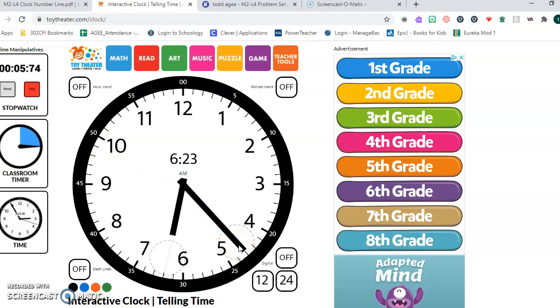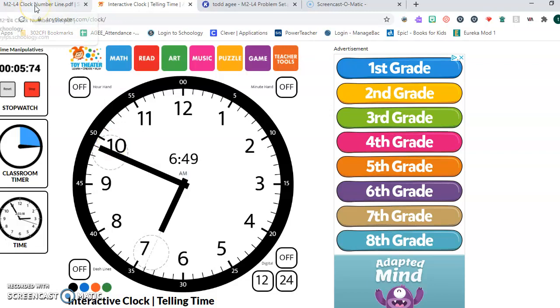So I'm going to count ahead 10 to 6:33. So there's 10 minutes, and then 10 more minutes takes me to 6:43 here. And now I'm going to count by ones. That's 21, 22, 23, 24, 25, 26. Okay, so you can see how the minute hand actually moves on the clock.